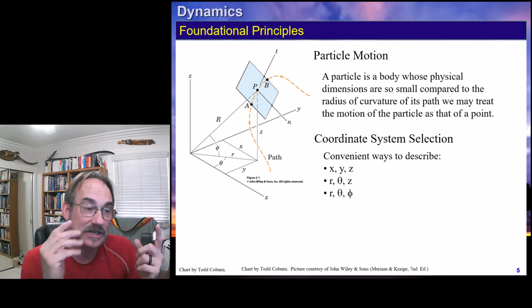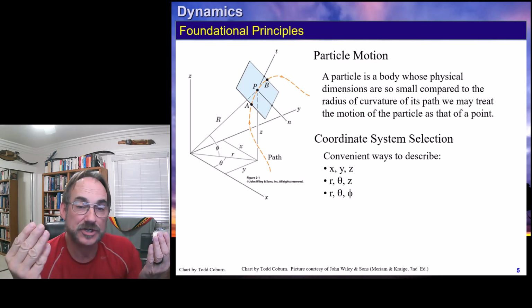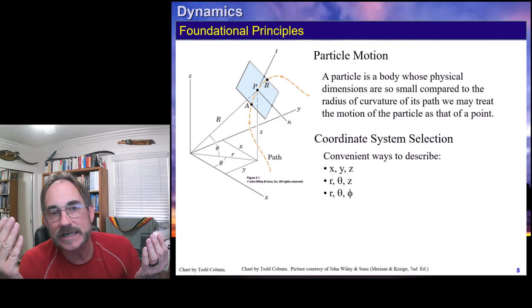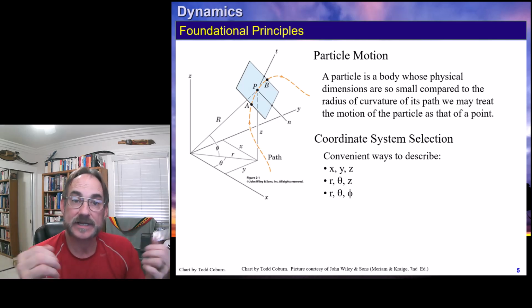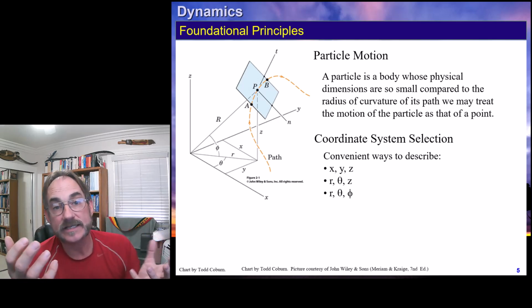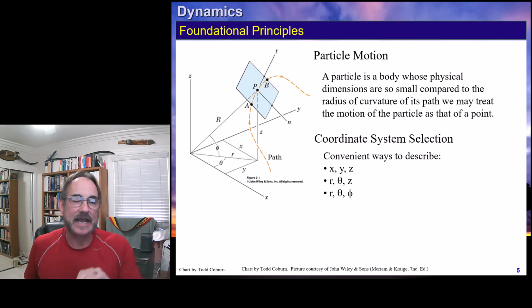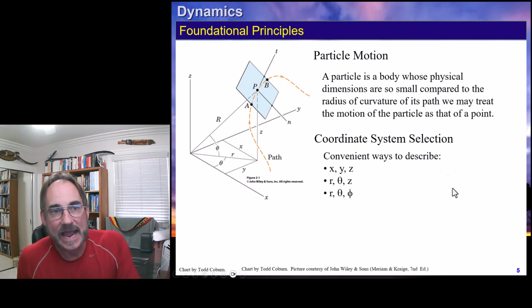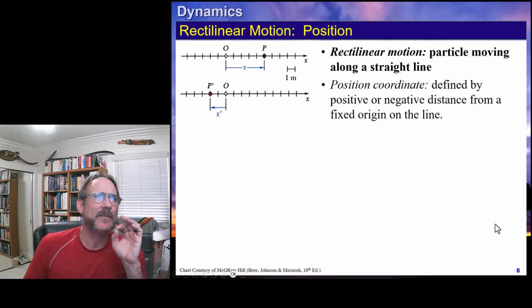So we have to master all three types, and we also need to develop the judgment to choose the easiest coordinate system for a particular problem. Is it rectangular, cylindrical, or spherical? Most of our early work will be rectangular, and we'll dabble in the others as we develop the ability to handle that.